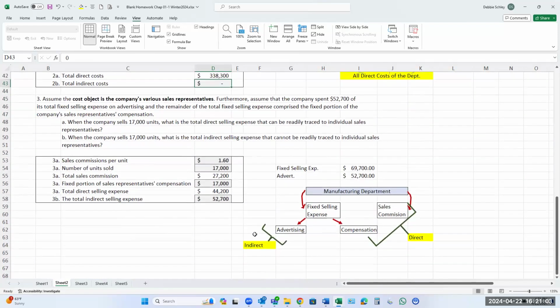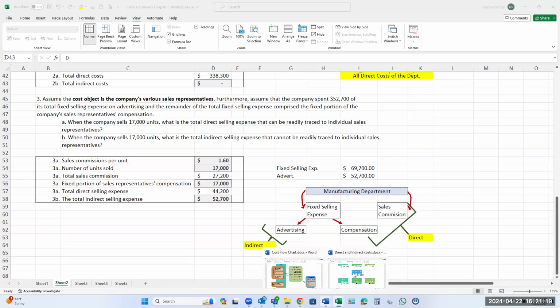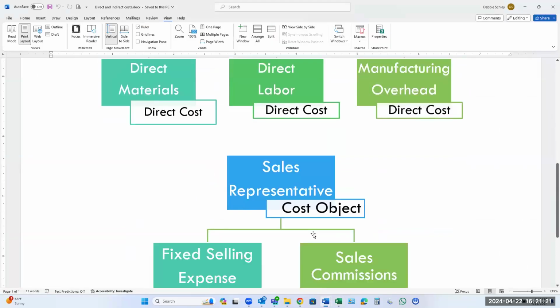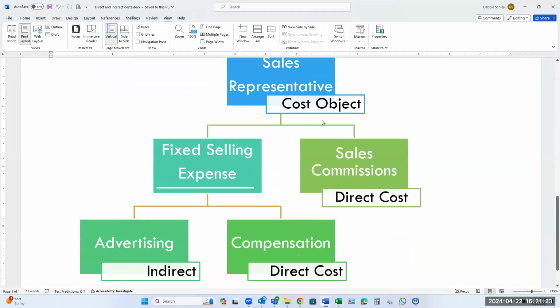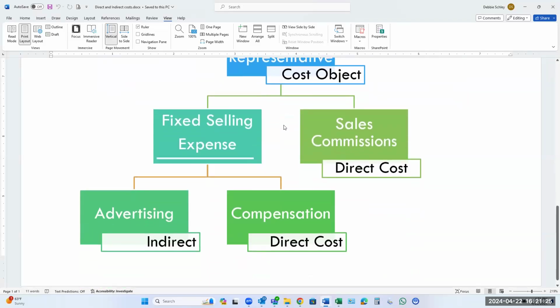Okay. So question 3 is telling us, required 3, sorry. We're still in question 2, required 3. Assume the cost object is the company's various sales representatives. So for our sales representatives, that's our cost object.